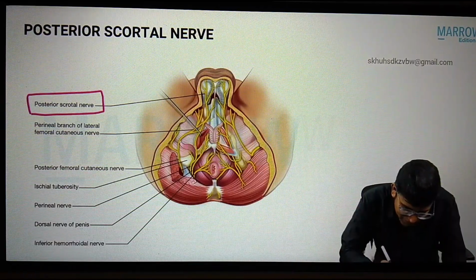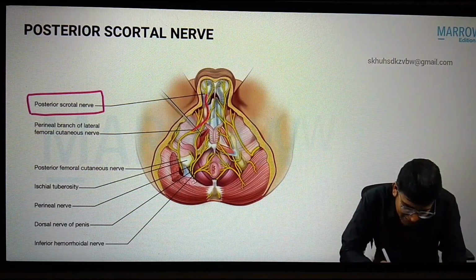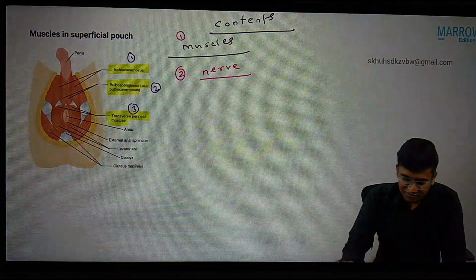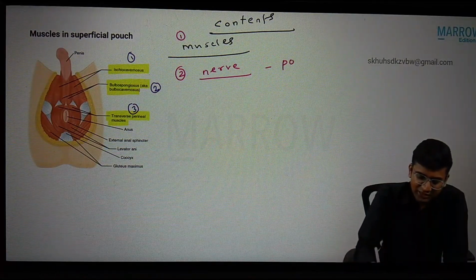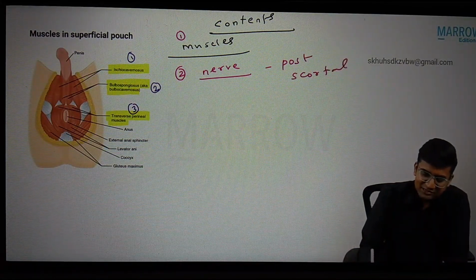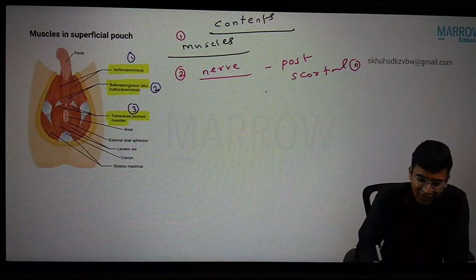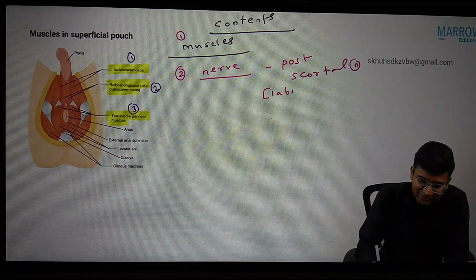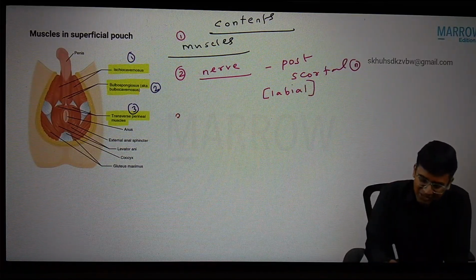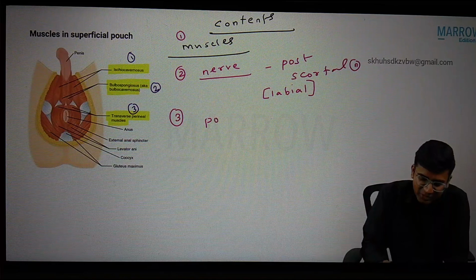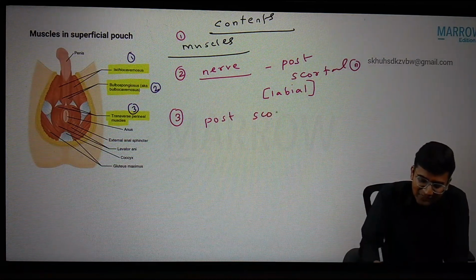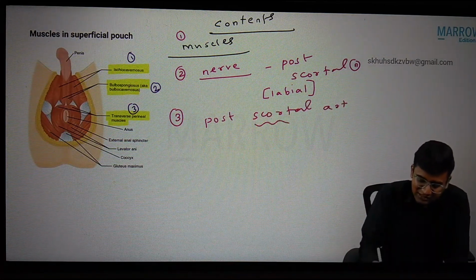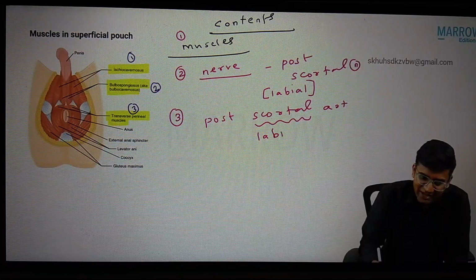This entire thing is the posterior scrotal nerve. In female, posterior labial nerve. What about the artery? Same: posterior scrotal artery, and in female, posterior labial artery.